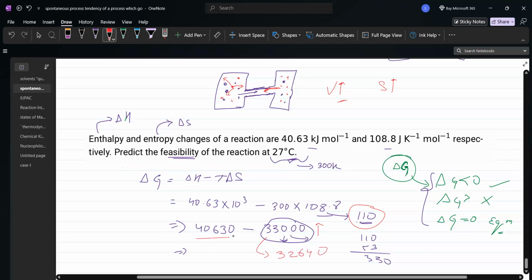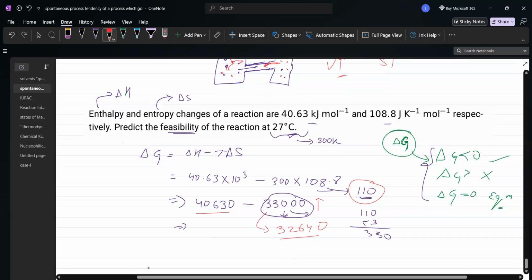So this 40630 is greater than 32640. So obviously delta G is greater than 0, right? So the reaction will be spontaneous or not spontaneous? Shaima, what do you think?